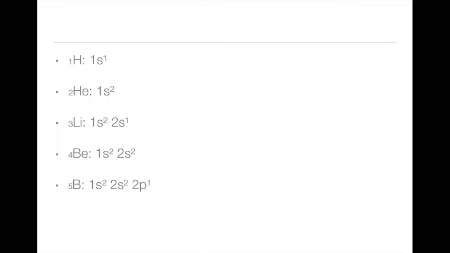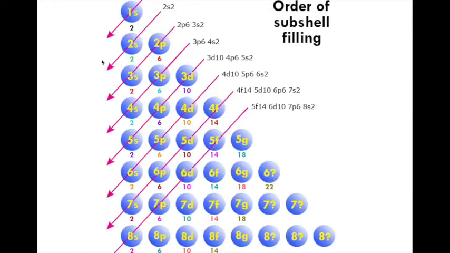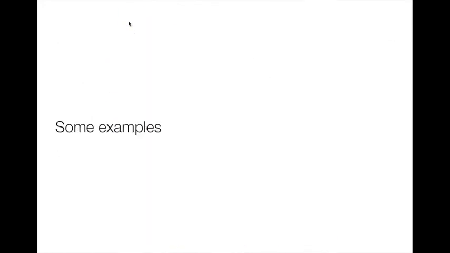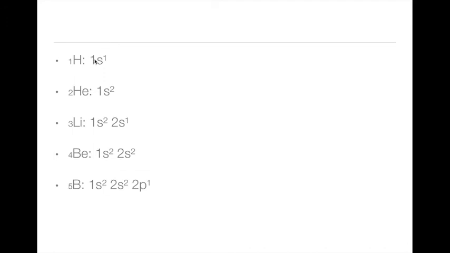Okay, and now let's see some examples. Hydrogen has how many electrons? 1. Therefore, it's going to go to the 1s. It's going to have 1 electron in the 1s, and this is how we write it. Helium has 2 electrons, therefore it will go to the 1s. Lithium now has 3 electrons.